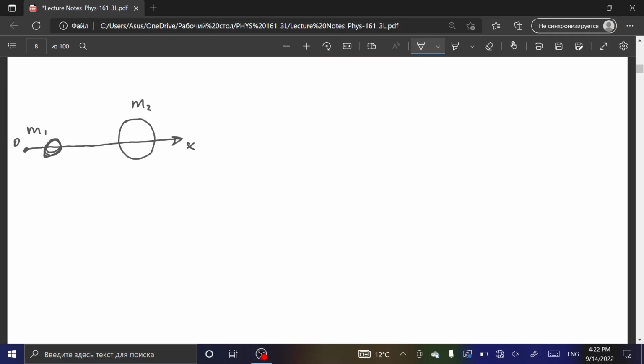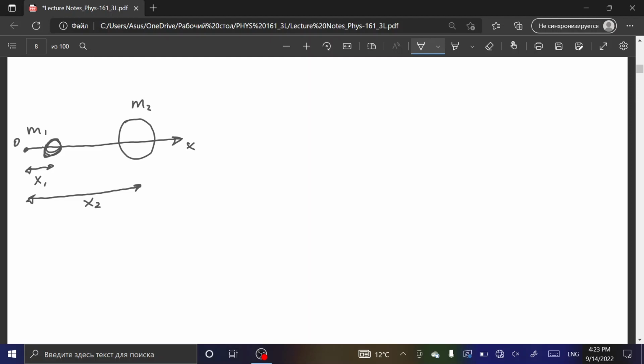So we can represent the position of the first body as x1, the position of the second body with coordinate x2, and obviously for this system of two bodies, there will be some center of mass. Assuming that the material of these bodies is the same, meaning the density is the same, obviously the center of mass will be located somewhere closer to the heavier object.